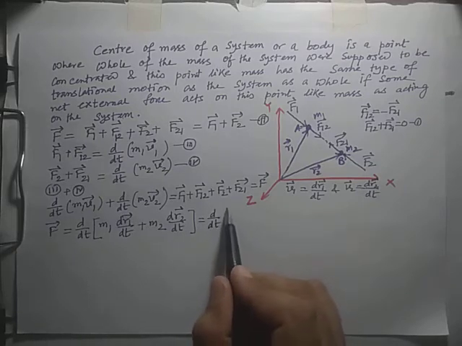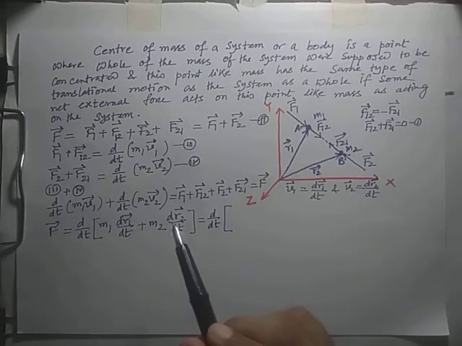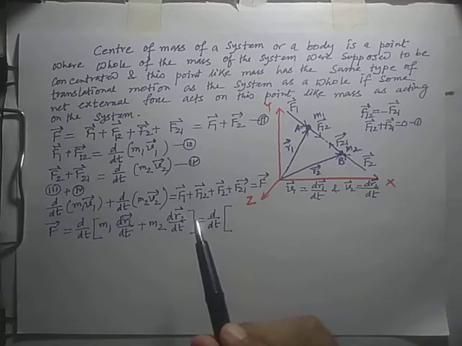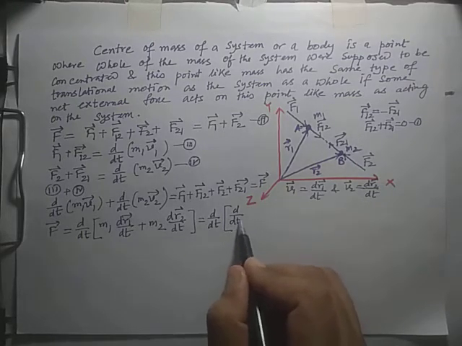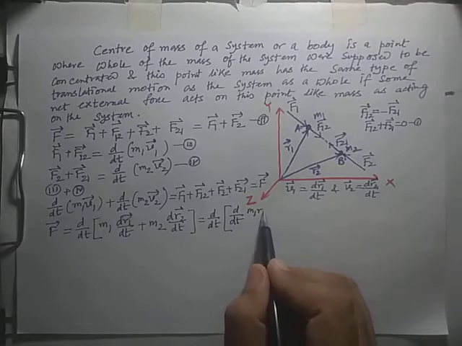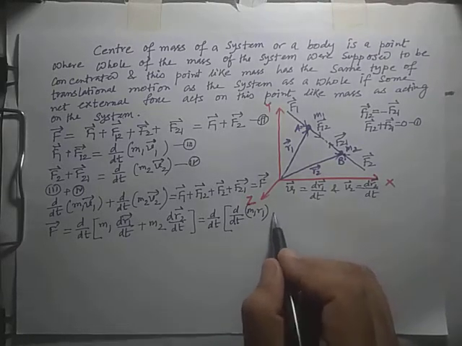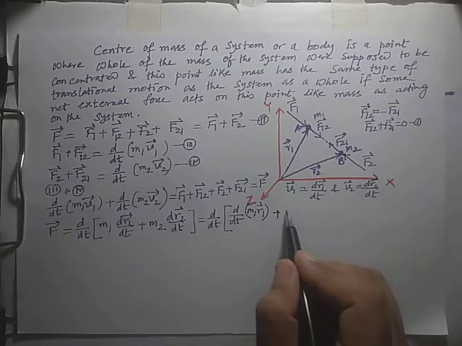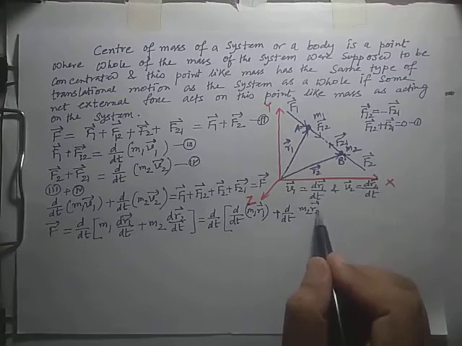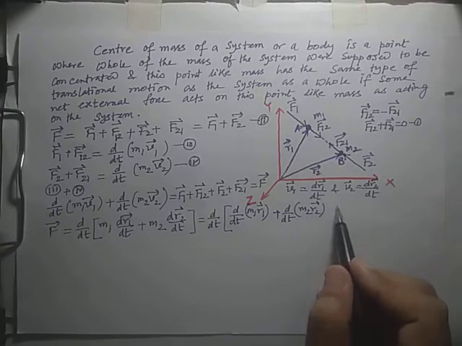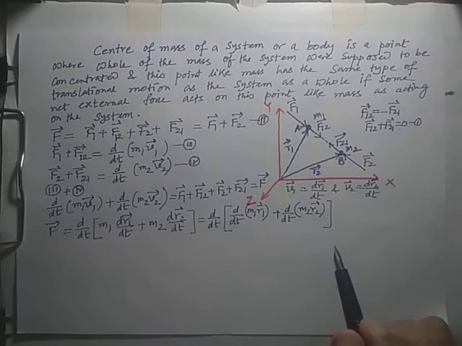So d by dt, you can write in this way, d by dt m1 r1 vector plus d by dt m2 r2. Okay.